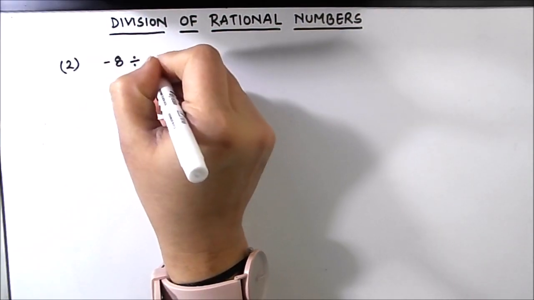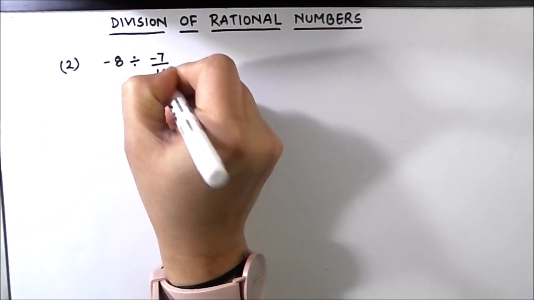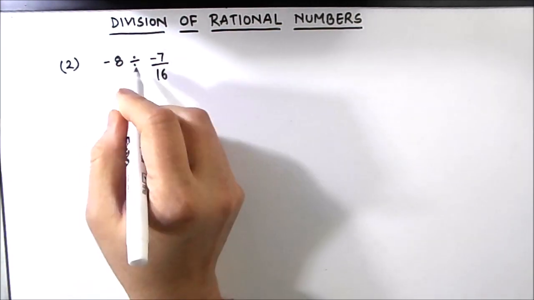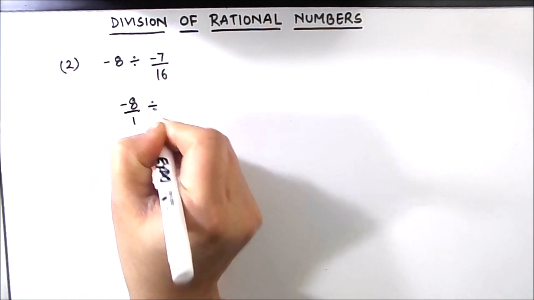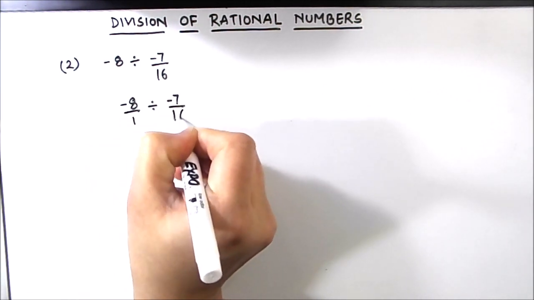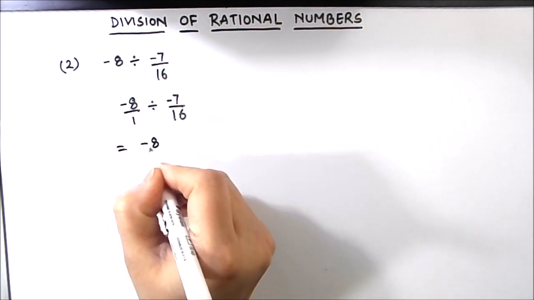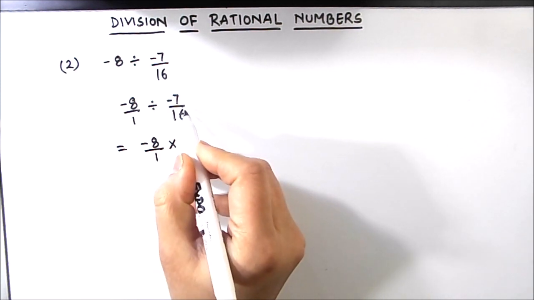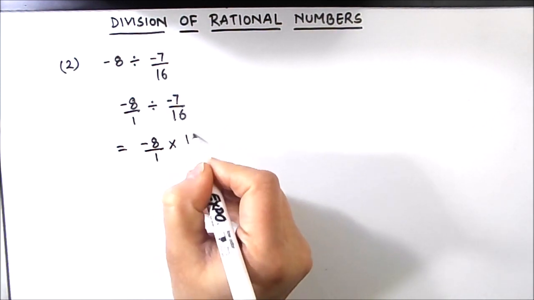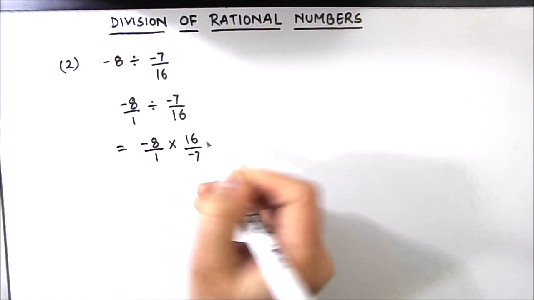Negative 8 divided by negative 7 by 16. So negative 8 can be written as negative 8 by 1 divided by negative 7 by 16. So negative 8 by 1 will be multiplied by the reciprocal of this fraction, which is 16 by negative 7.